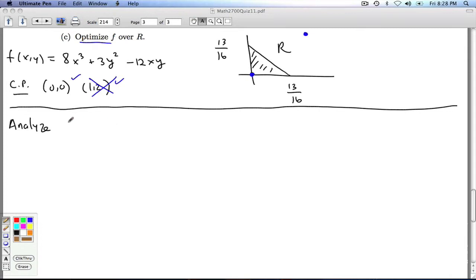So there's three boundary parts here. We'll call that boundary part 1, call that boundary part 2, and then boundary part 3. So let's look at boundary part 1. Boundary part 1 is the x-axis. The equation for the x-axis is y equals 0. And it's not the entire x-axis, it's the portion x between 0 and 13/16.